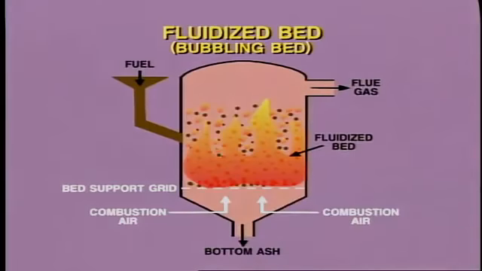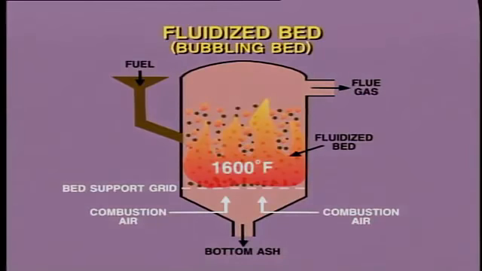But what's the advantage of this type of combustion? Well, the fluidization creates excellent mixing conditions, and this allows heat to be spread evenly across the bed, with the result that good combustion takes place at a temperature of about 1600 degrees Fahrenheit. This is much lower than with other types of combustion. This lower combustion temperature has several advantages, especially when burning poor quality fuel.